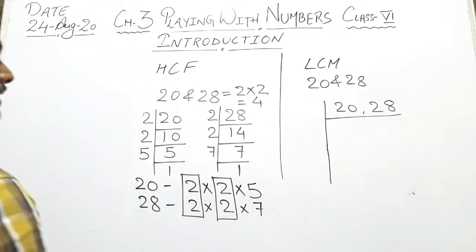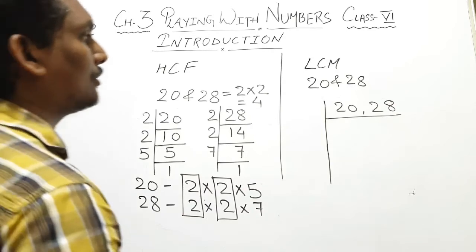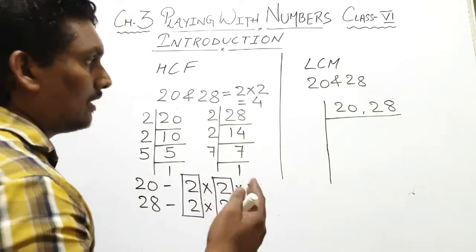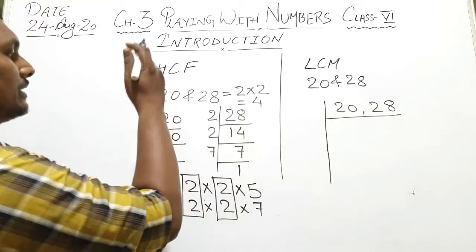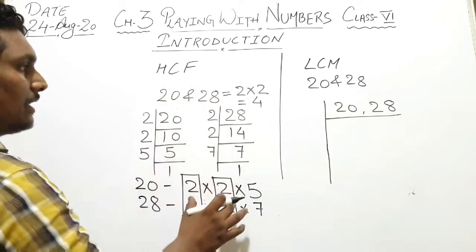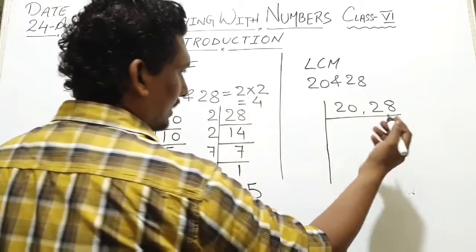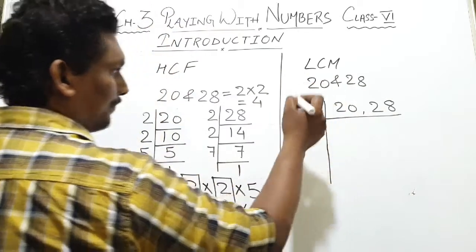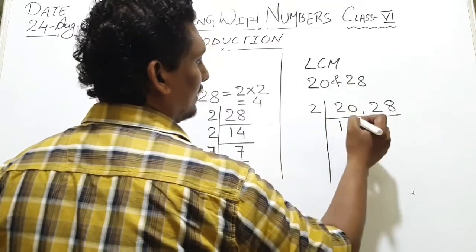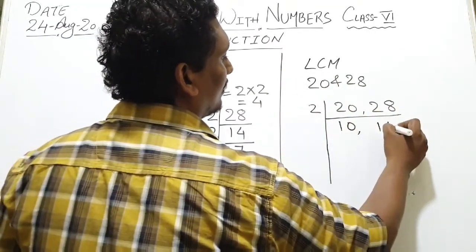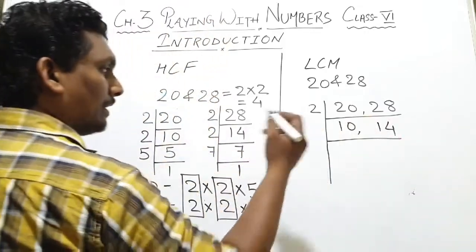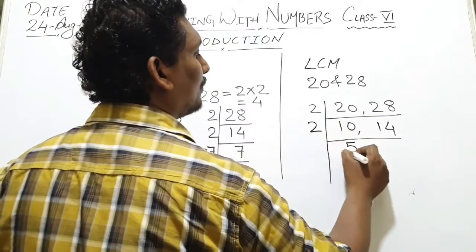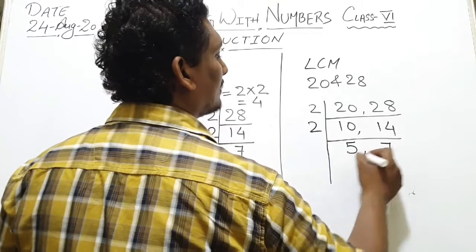Now come to the next, that is LCM. So the same numbers I have taken in LCM also, so it will not give you any confusion, because in HCF we have to find it separately, but in LCM we have to find it together. So I am starting with 2. 2 tens are 20, 2 tens are 10, okay. Same way 2 fives are 10.